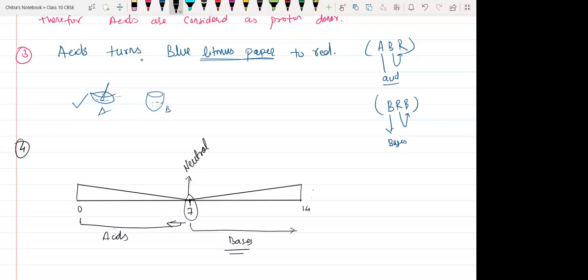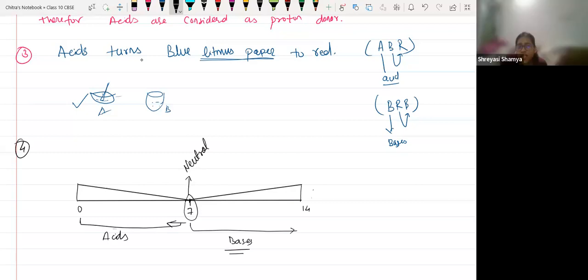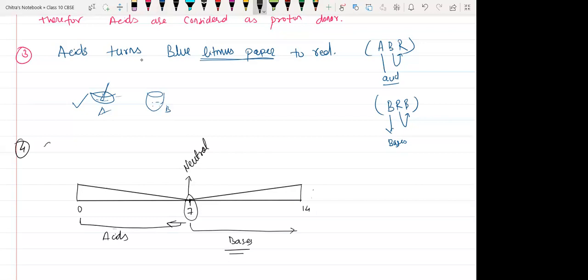So can we say the substances having pH value less than 7 are called acids? Let me write here: substances having pH value less than 7 are called acids. pH is potency of hydrogen.